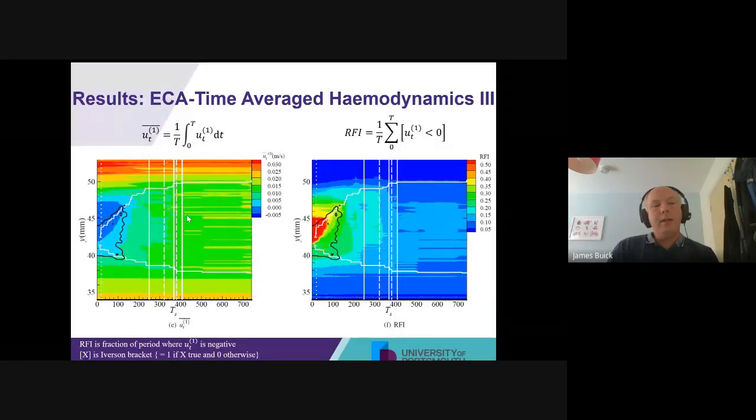Also, we can look at the tangential component of the velocity, U1, and the RFI, which is the reverse flow index, basically the percentage of the period in which the tangential flow is negative. We can see that these are rather different to the black contour.